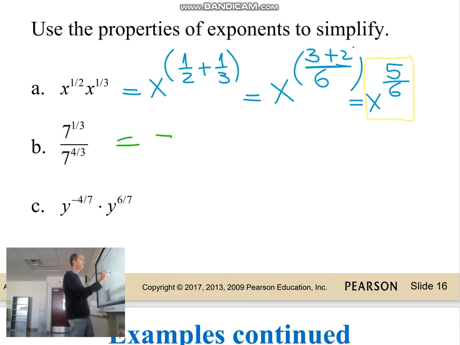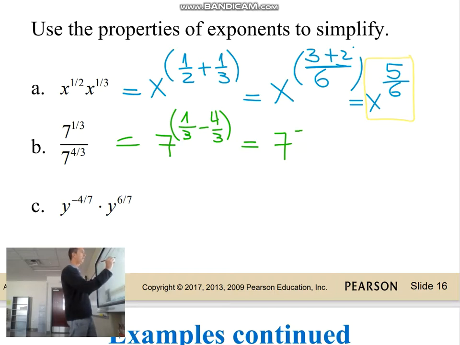This is equal to 7 exponent 1 over 3 minus 4 over 3, negative 3 over 3. And what's 3 over 3? 1, right? 7 negative 1. 7 negative 1 is 1 over 7.